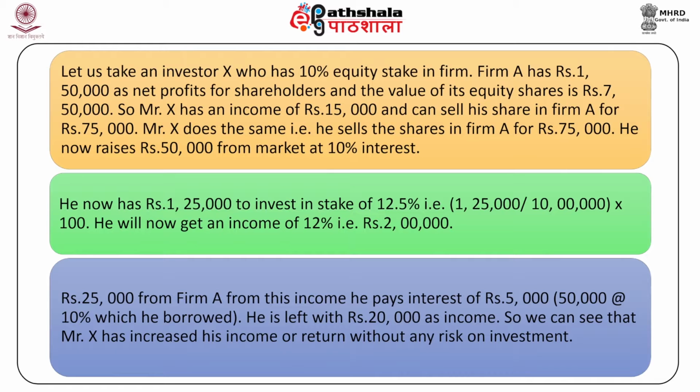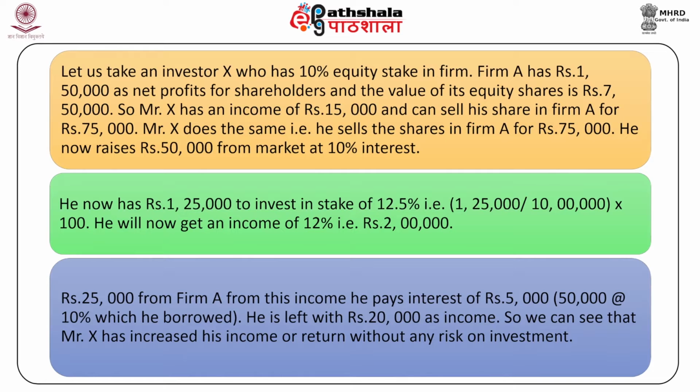He can sell the shares in firm A for 75,000. Mr. X does the same, that is, he sells the shares in firm A for 75,000. He now raises 50,000 from the market at 10% interest.